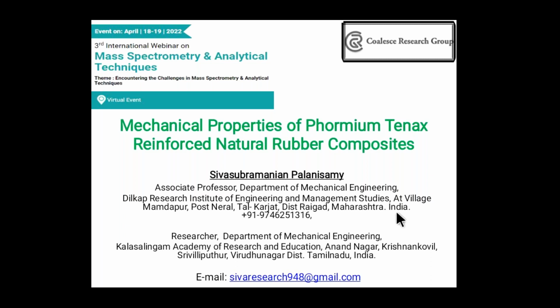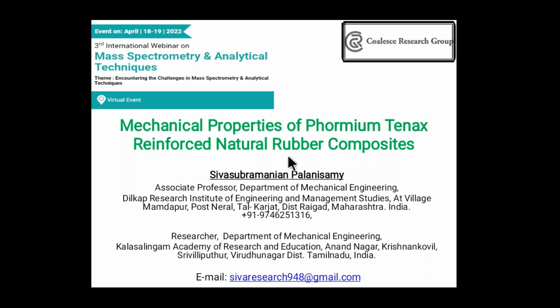So the main topic of my presentation is the mechanical property of chromium 10X reinforced natural rubber composite. Here, chromium 10X is a natural fiber, a leaf fiber. From the chromium leaf, we extracted the fiber, and I have reinforced it with natural rubber composite.